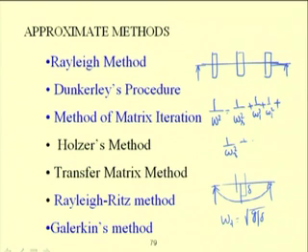Similarly, one may use the matrix iteration method, Holzer method, transfer matrix method, Rayleigh method and Galerkin method to approximately find the natural frequencies of the systems.